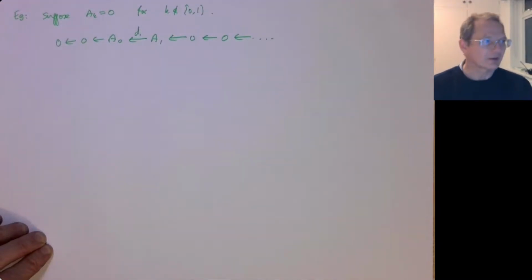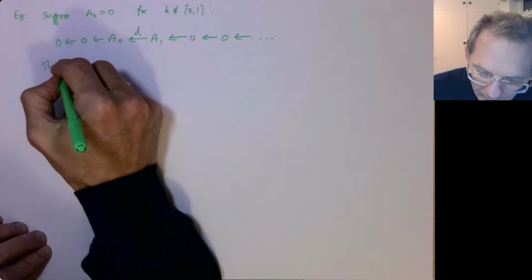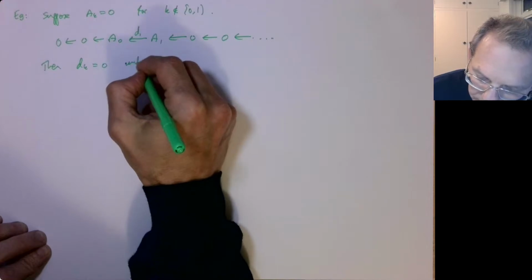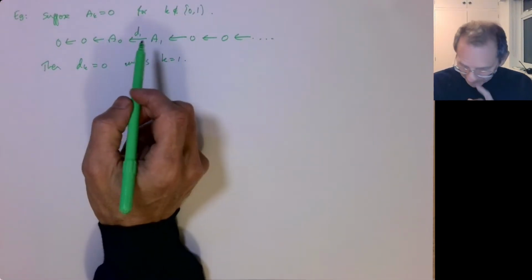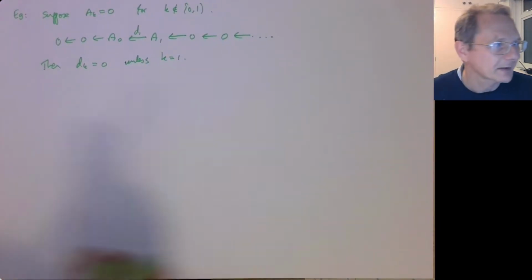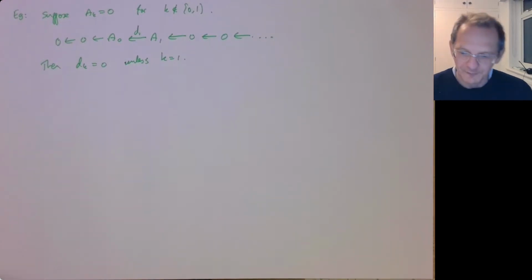You've got a D1 from A1 down to A0. It's only this D1 that could possibly be non-zero. Everything else, either the domain or the codomain is 0, so every other differential is automatically forced to be 0.